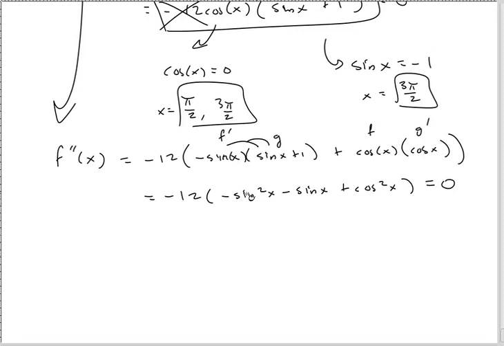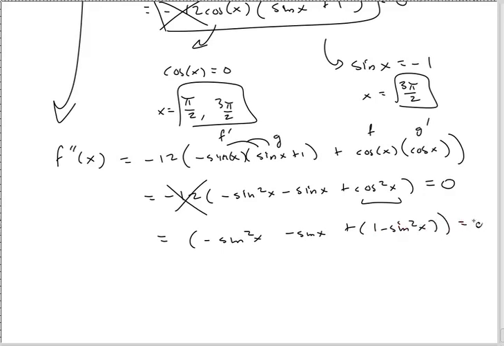Now, here's another thing. Because this whole thing is equal to 0, I can just get rid of this negative 12 entirely. In fact, you can change all your signs to be negatives as well, which I will do here in just a second. So I've got sine squared, I've got a sine, and I'm going to convert this over to a 1 minus sine squared.